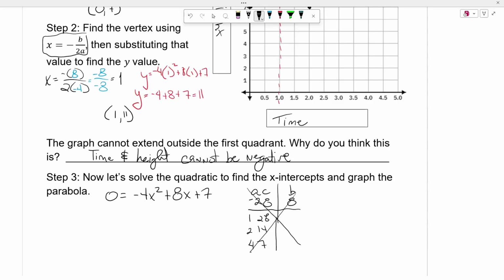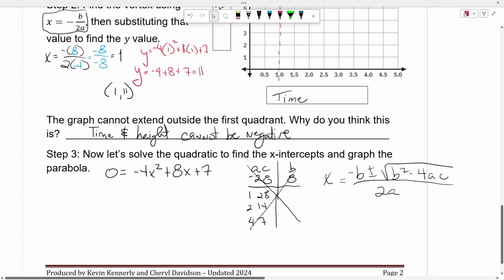So at this point, I need to use my quadratic formula. And you remember the quadratic formula is x is equal to the opposite of b plus or minus the square root of b squared minus 4ac, all over 2a. And I plug everything into that and simplify.